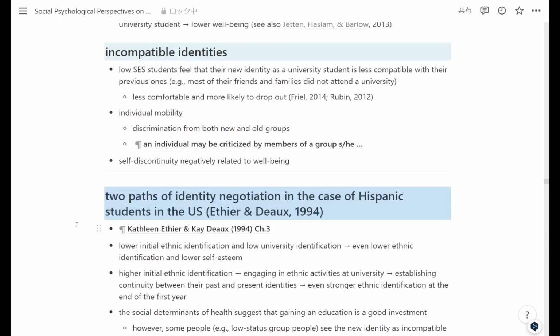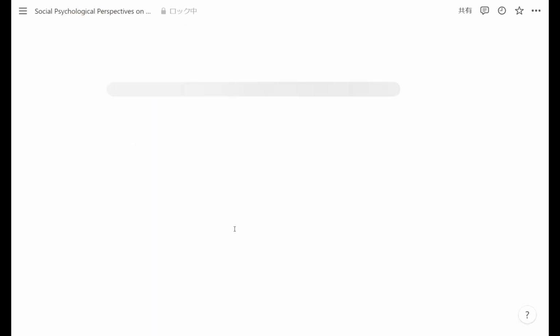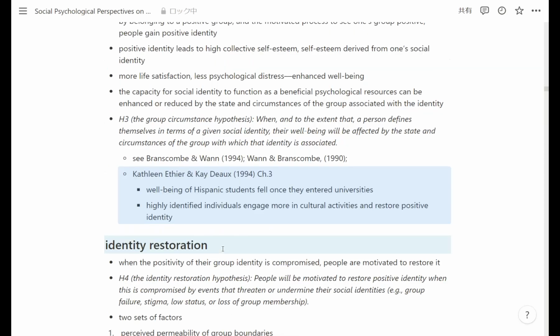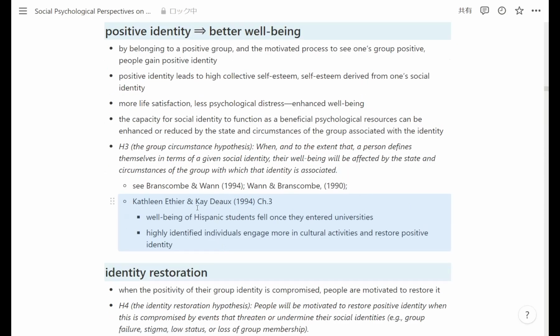This study was conducted by, I'm not sure how to pronounce, but Ethier and Deaux, in 1994. And this study, I actually talked about in, I think it was chapter 1, or maybe chapter 2, actually.